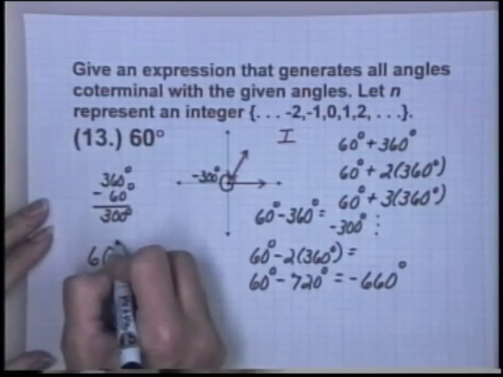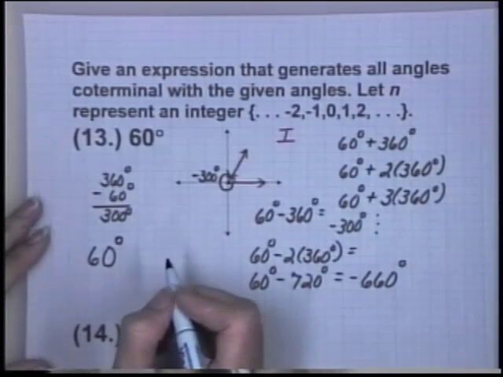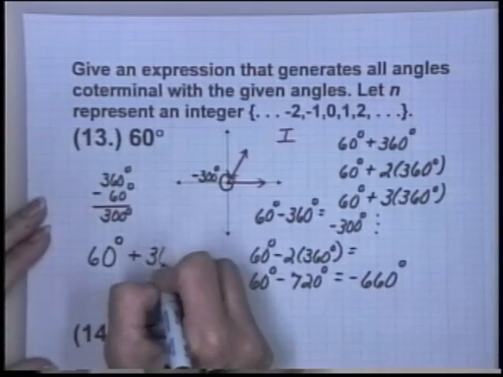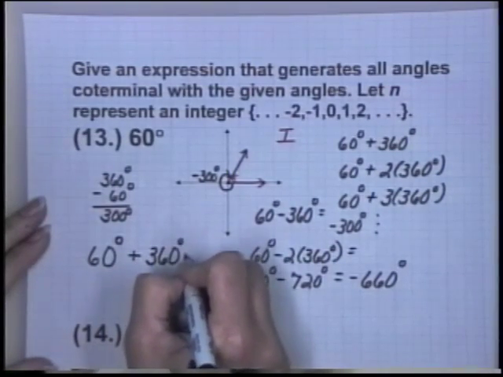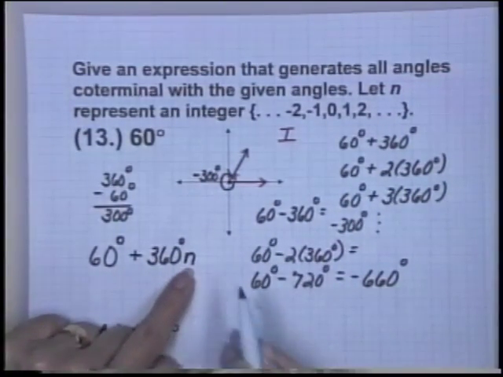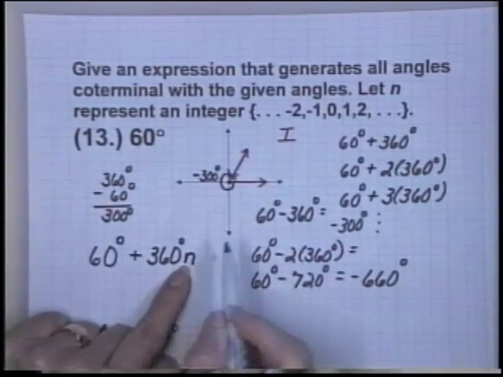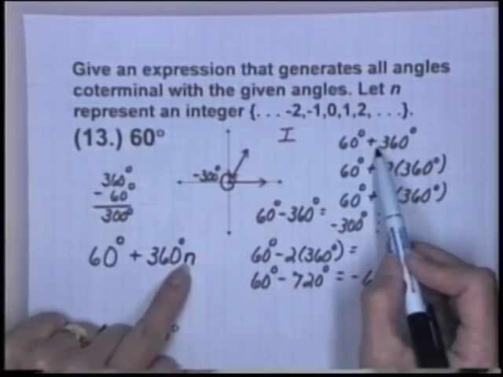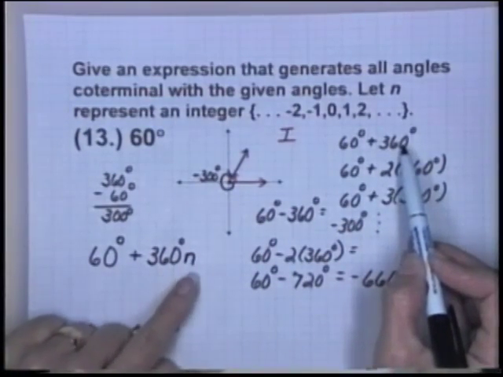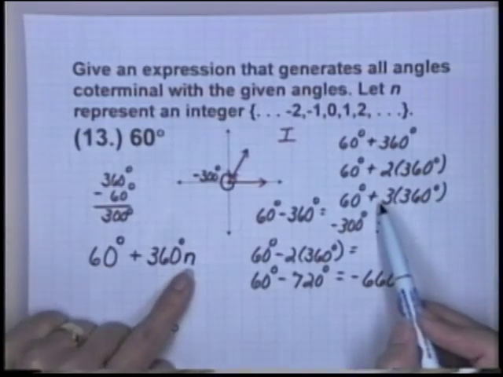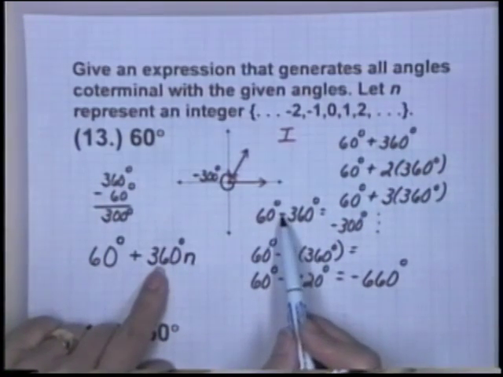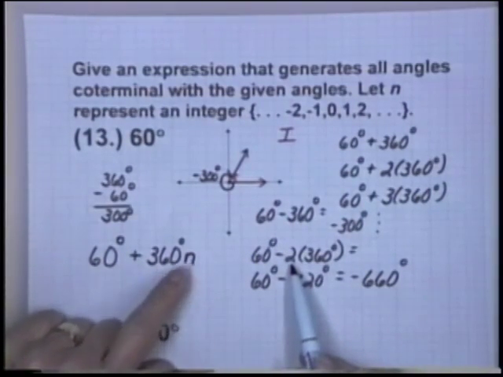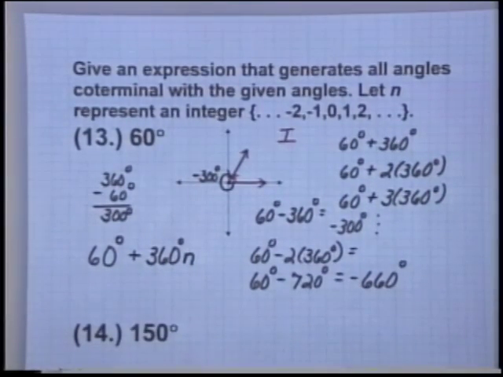So that expression would be 60 degrees plus 360 degrees times n, where our n is the set of integers. And so this would represent 1 times 360, 2 times 360, 3 times 360. This would be negative 1 times 360, negative 2 times 360, and so on and so forth.